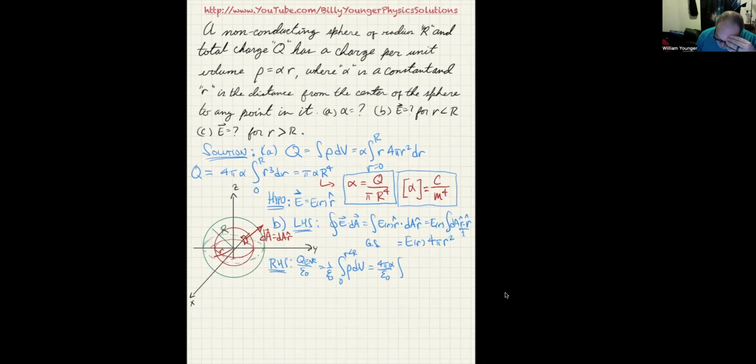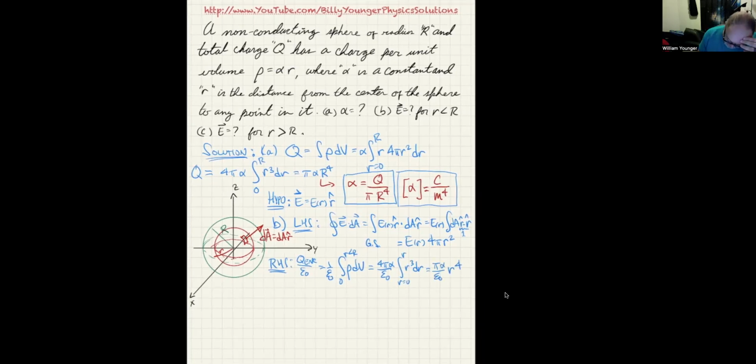And I'm going to integrate r to the third power dr from r equals 0 to little r. And of course, this is going to make 1/4 r to the 4th. So the 4 is going to cancel out, and I'm going to get pi times alpha over epsilon naught times r to the 4th power. And that's what the right hand side is.